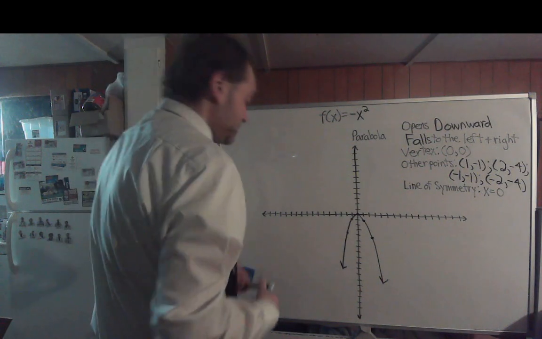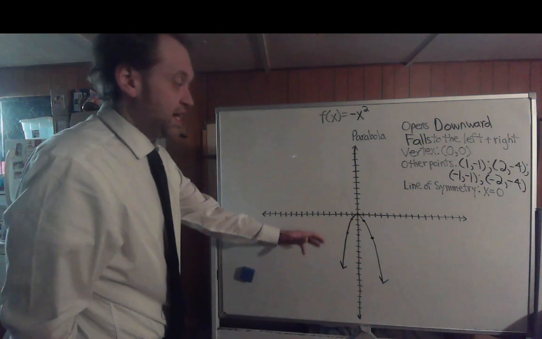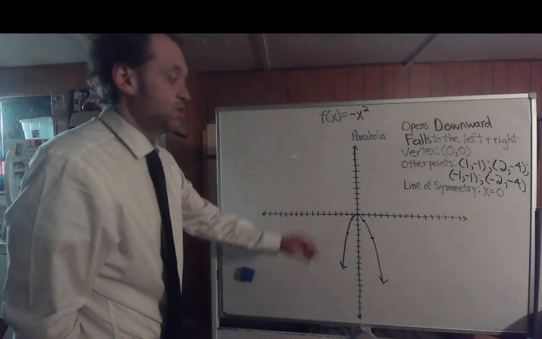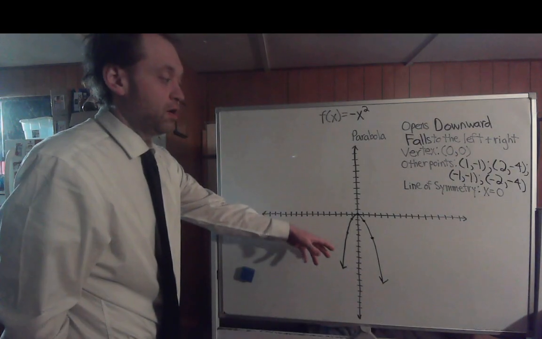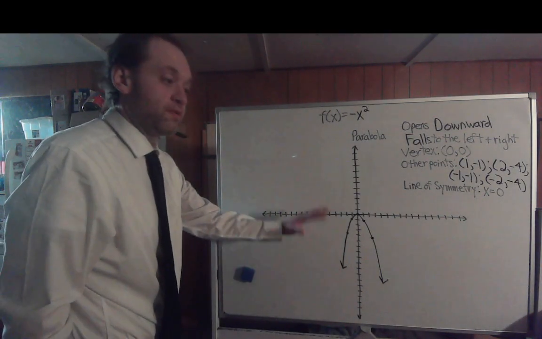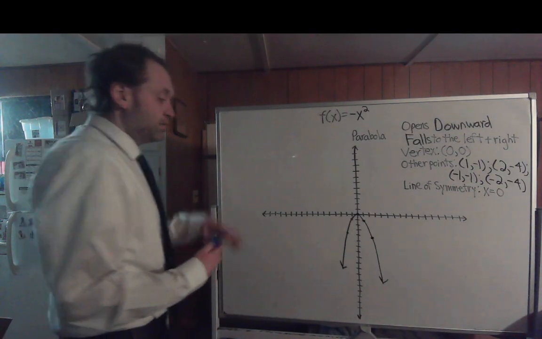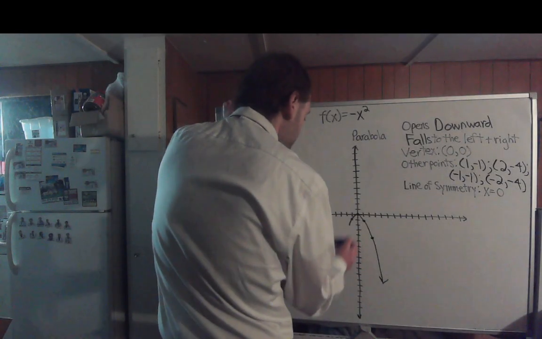So it falls to the left and to the right. So that's what a negative sign does. It flips it where it reflects in the x-axis. Notice the x-axis is like a mirror. It'll just reflect it over the x-axis. All right. Now a couple of general other things here.